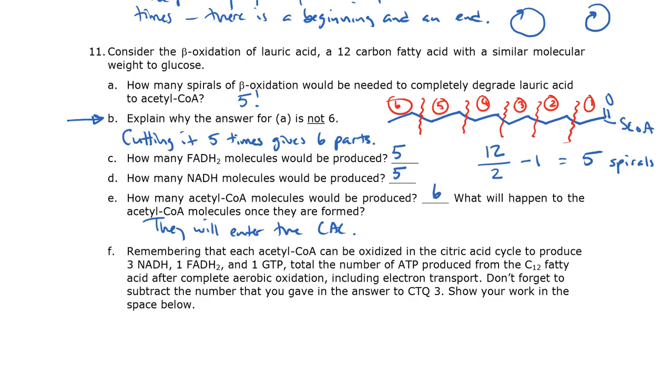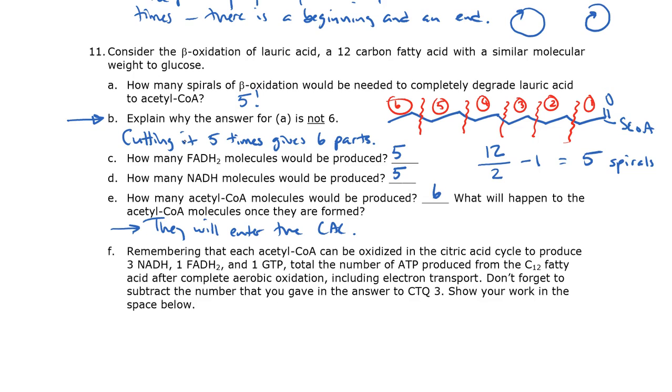And as those are molecules of acetyl-CoA, which are in the mitochondrial matrix, they can go right into the citric acid cycle. So now, what has been produced? Everything that's been produced can either go into the citric acid cycle or directly into electron transport.